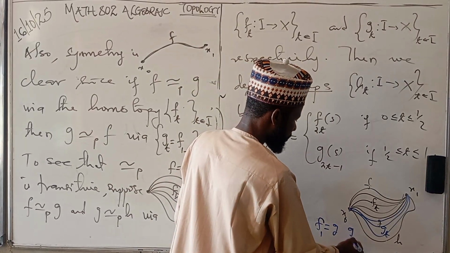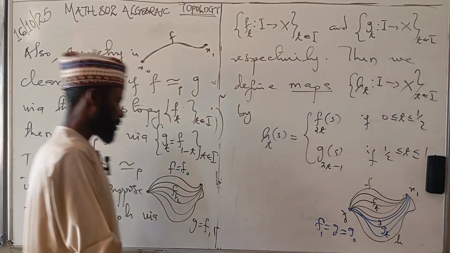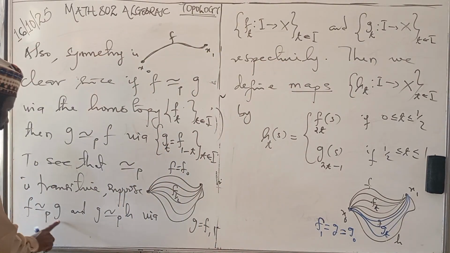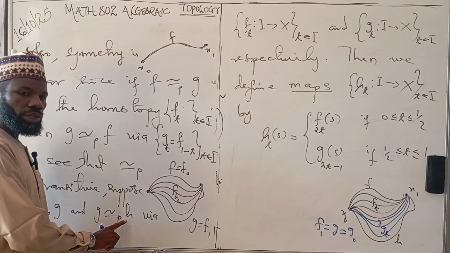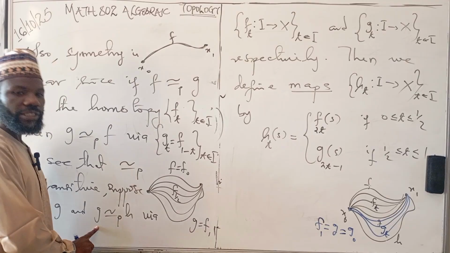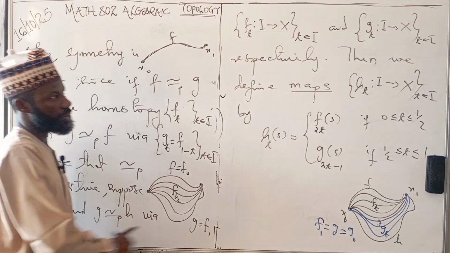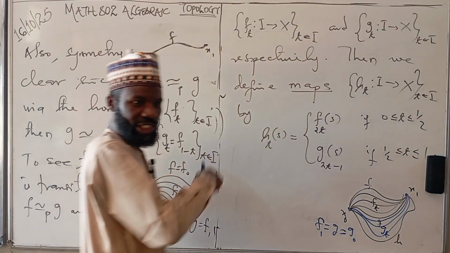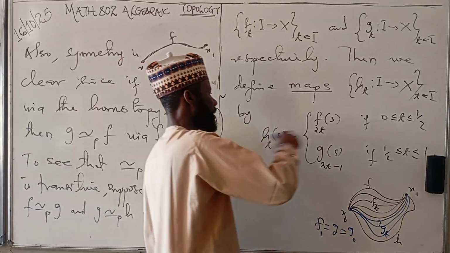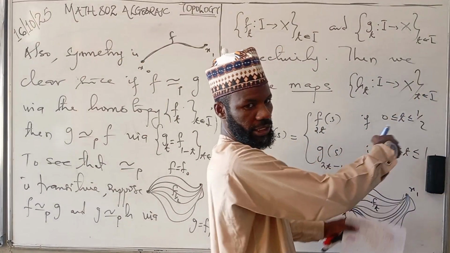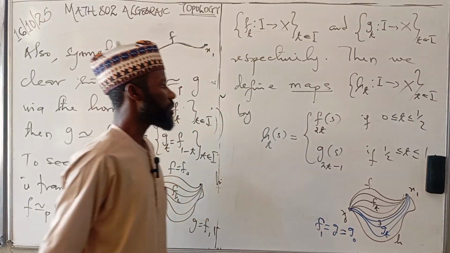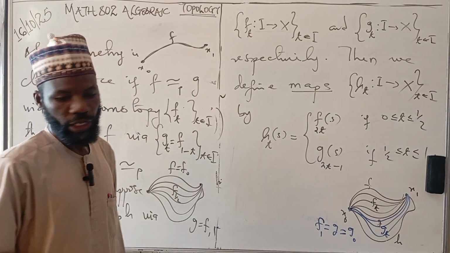And G0 is also g. Because F1 is the last thing in the first homotopy, which is g, and G0 is the first map in the second homotopy, which is still g. So actually the values of this mapping coincide at the boundaries, at the intersection of the two split domains. So this is actually well defined.